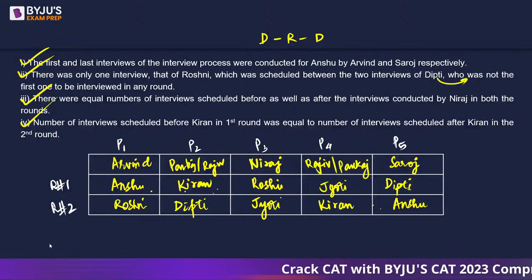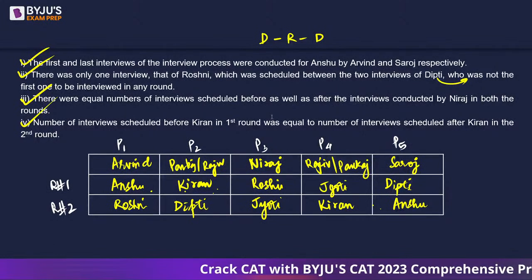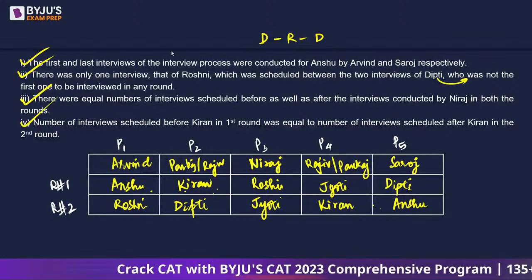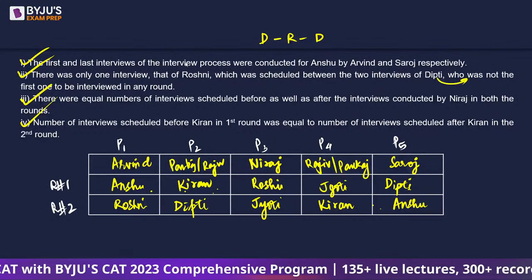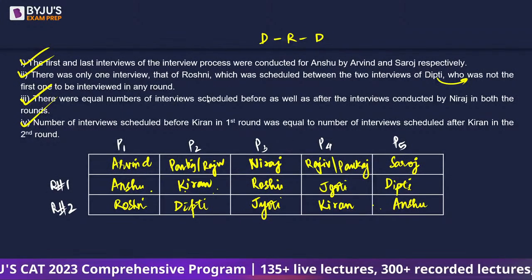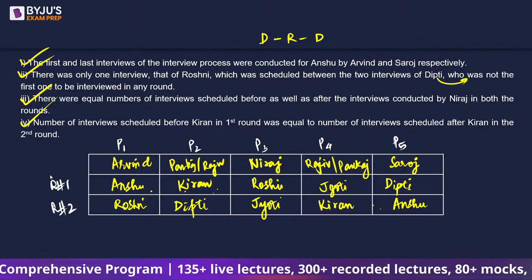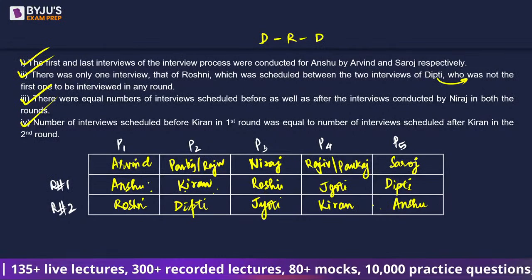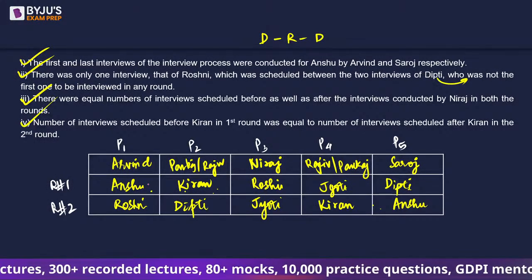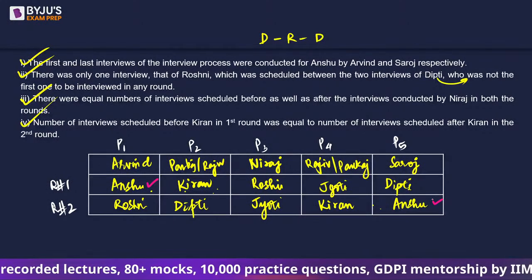We know how many people took that interview. Since it says uniquely determined, so should we include... देखो अंशु का we know it is Arvind and Saroj.